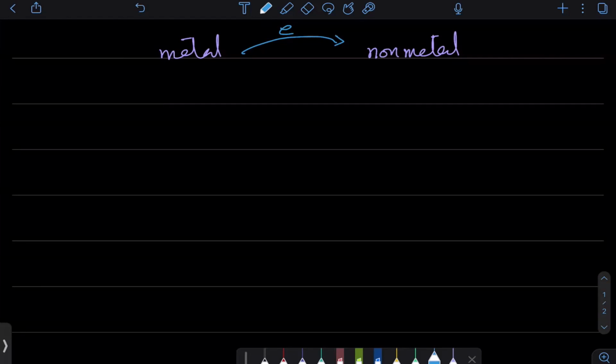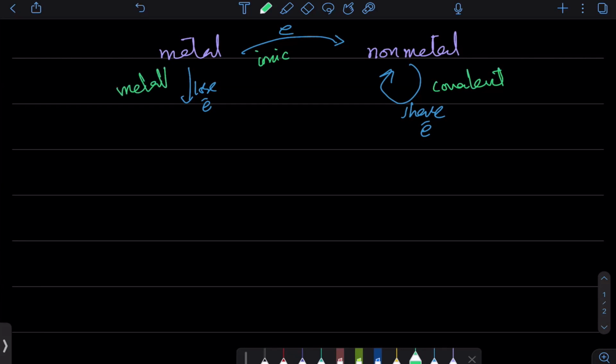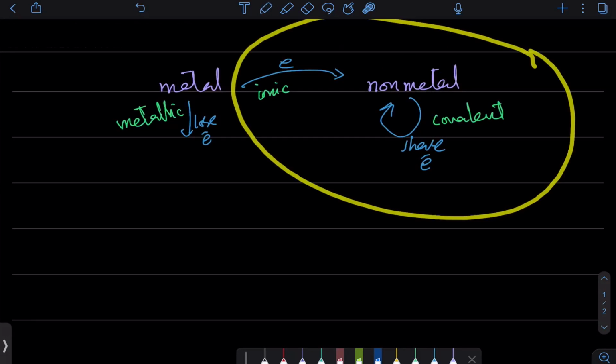Similarly, we talked about covalent bond, that non-metals share electrons with each other. And similarly, in metallic bond, we said that metals lose electrons. So there's the ionic bond made this way, covalent bond made this way, and metallic bond made this way.